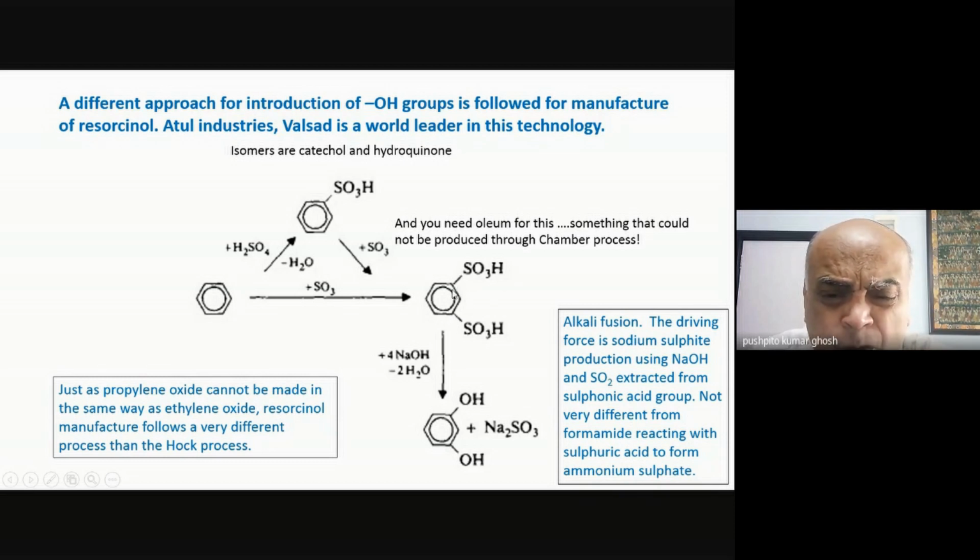Otherwise, you would think, how the hell do I break this carbon-sulfur bond? It's quite a strong bond, not so easy to break. But what happens is that when I react it with sodium hydroxide at high temperature, an SO2 group comes off from each of these, and the SO2 reacts with sodium hydroxide to basically form sodium sulfide.